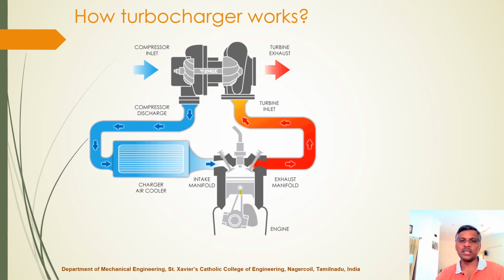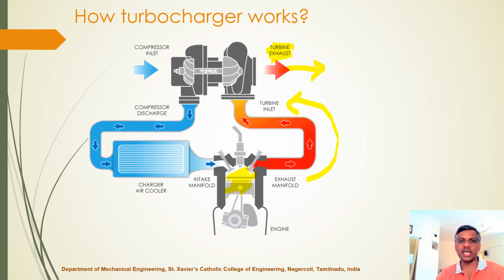You can see that this is your engine and the exhaust goes this way. When this exhaust gas has a higher velocity at higher speeds, it goes past the turbine. This is what we call the turbine. It produces a mechanical shaft rotation, and the exhaust gas goes out to the atmosphere after rotating the turbine blades.